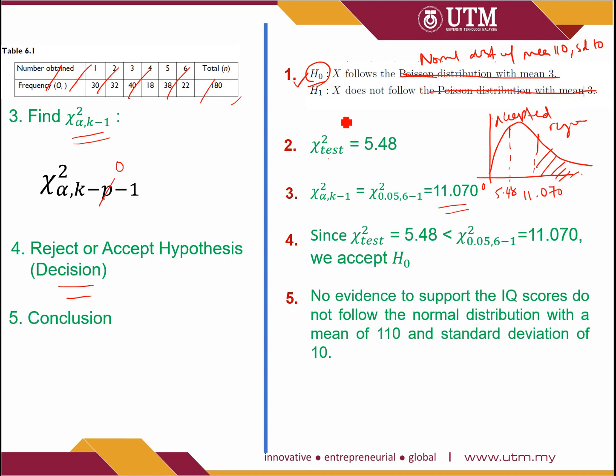So since we accept the H0, there is evidence that X follows the normal distribution with mean 110 and standard deviation 10. Or we could also write the opposite way: no evidence to support that IQ scores do not follow normal distribution with a mean of 110 and standard deviation of 10.